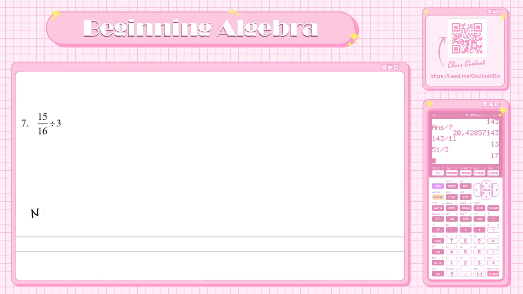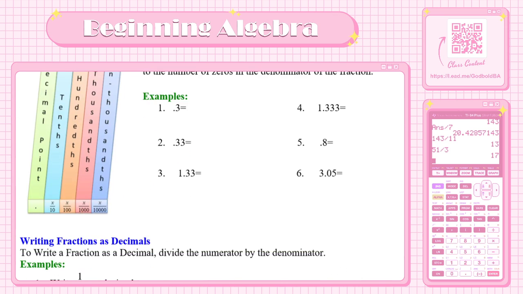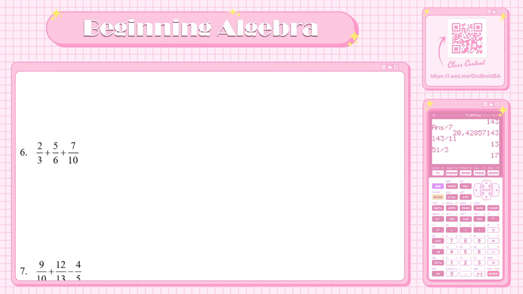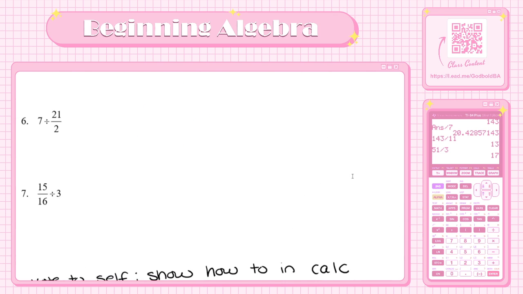Note to self: show how to in calculator. So I will show you how to do it in the calculator. Maybe I do it at the very end. Feels like I do it at some point. Nope, I just willfully don't show you. And maybe I have my reasons for that.